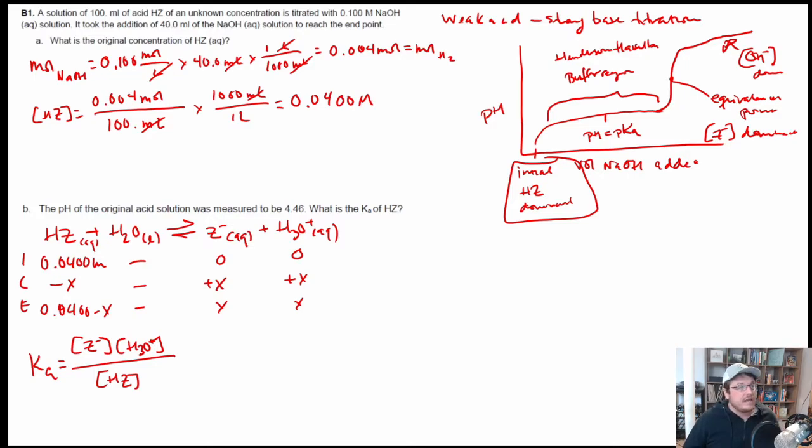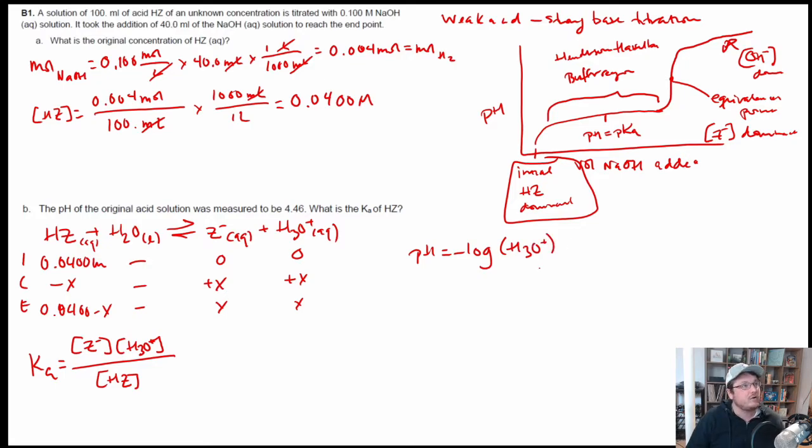If we know what the pH is, because we can use a pH meter to measure what the initial pH was, we can figure out the Ka, because we know what X is in this scenario, because the pH is equal to the negative log of the concentration of H3O plus.